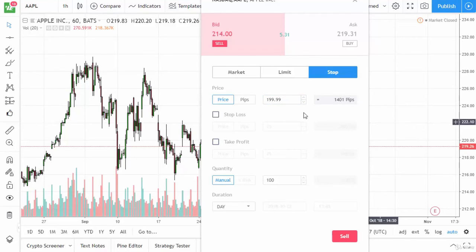Typically with a liquid stock like Apple in this case, you typically get your fill price or maybe off by a penny, but it's just simply a way to protect yourself from getting into major trouble. These are mandatory. You absolutely must use these types of stop loss orders, because if you don't, you can get hurt.